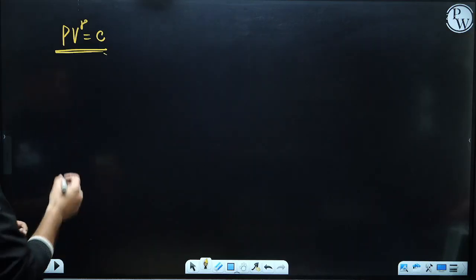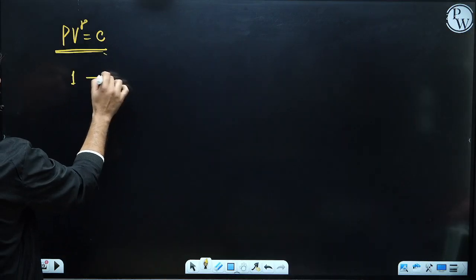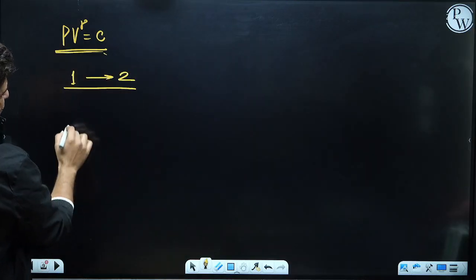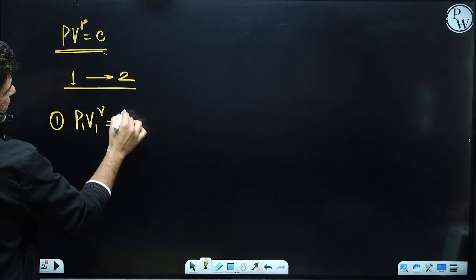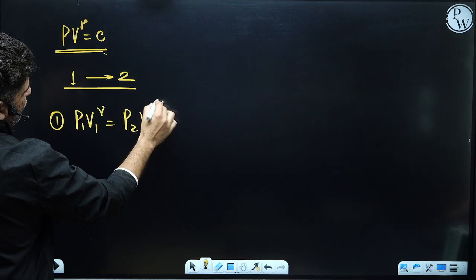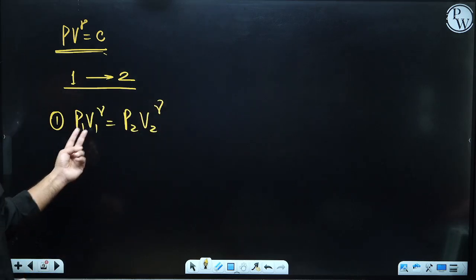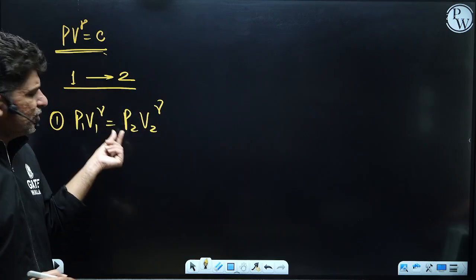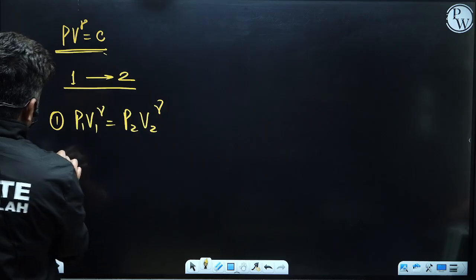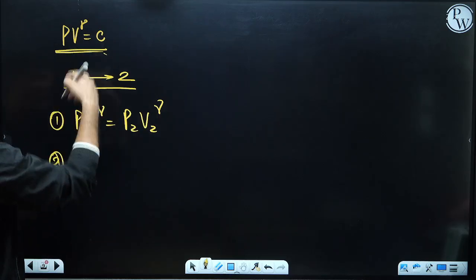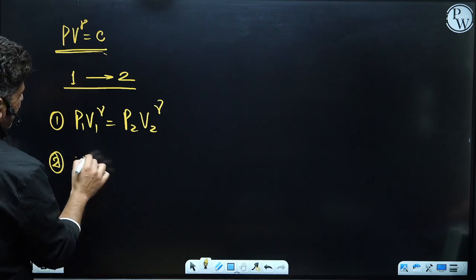So when a process is moving from, let's say, 1 to 2, the first equation that you can use is P1 V1 to the power gamma is equal to P2 V2 to the power gamma. PV to the power gamma equal to constant means P1 V1 to the power gamma equal to P2 V2 to the power gamma.